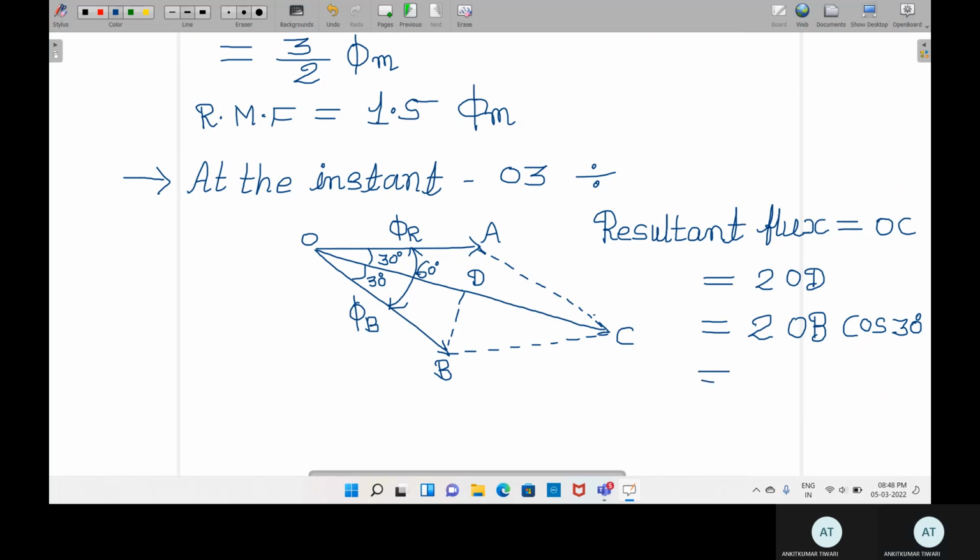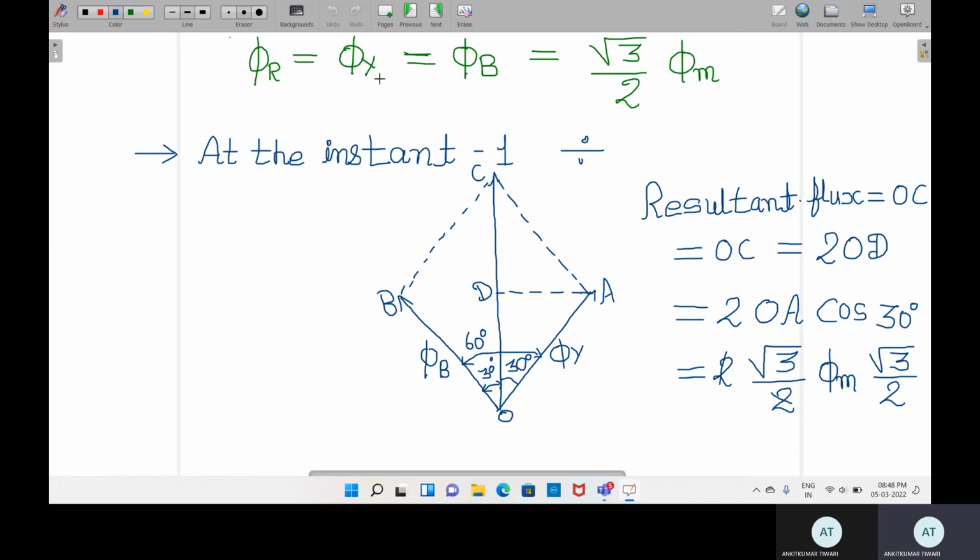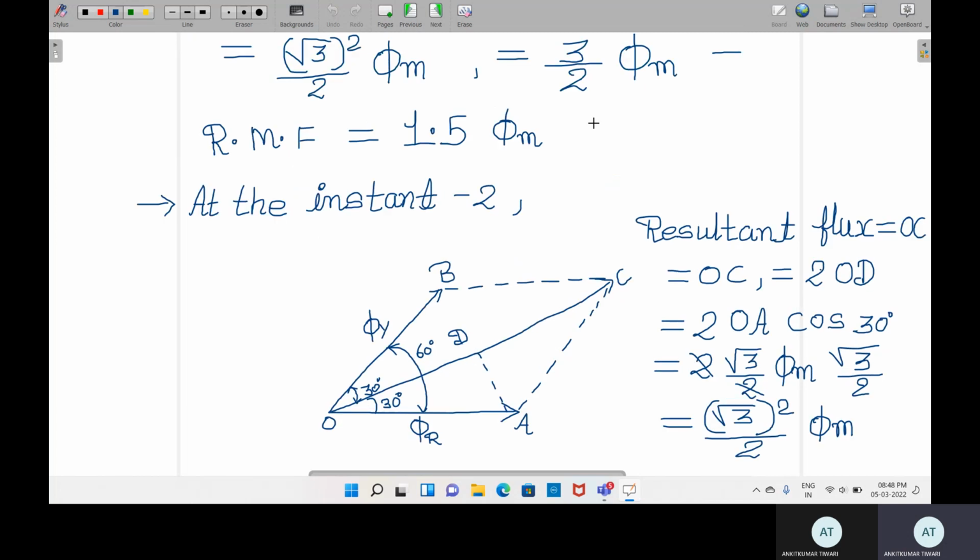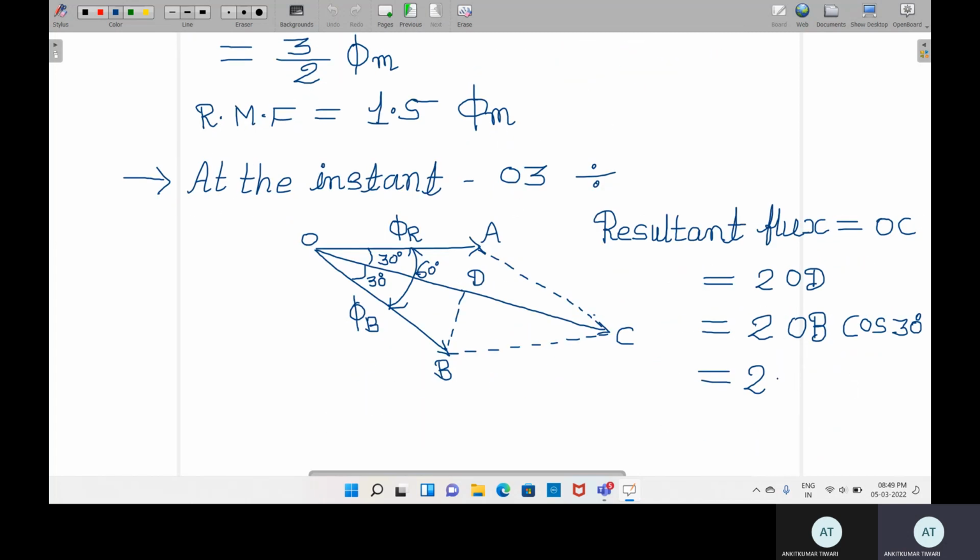Now OB is the quantity which is the flux phi B. So phi B will be represented by our condition phi R equals phi Y equals phi B. Our condition will be placed here: 2 into root 3 by 2 into phi M. Cos 30 is considered as root 3 by 2.